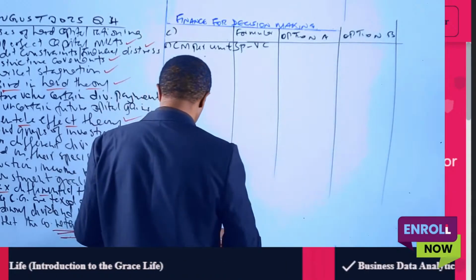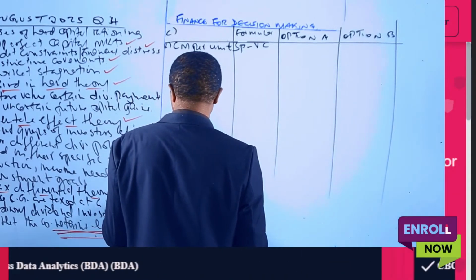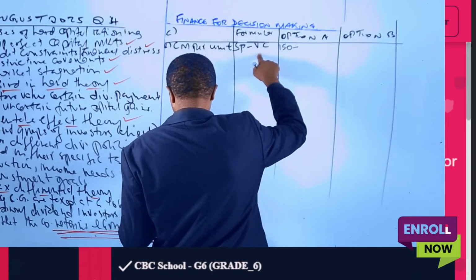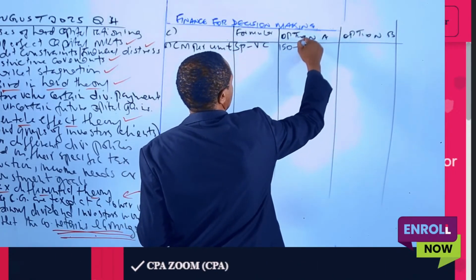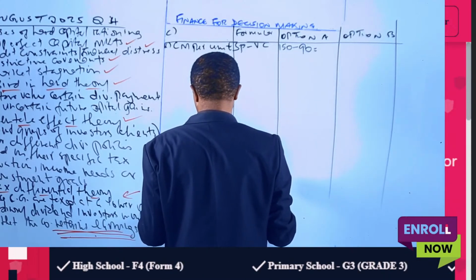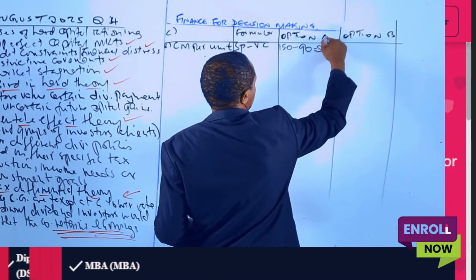For option A, the selling price is 150. The variable cost for option A is 90 shillings. And therefore, the contribution margin per unit is 60 shillings.